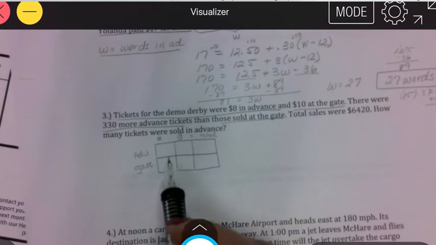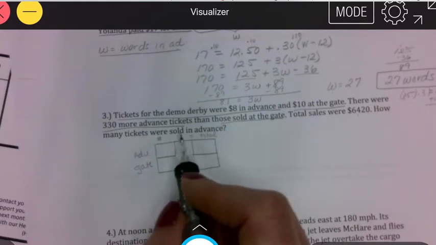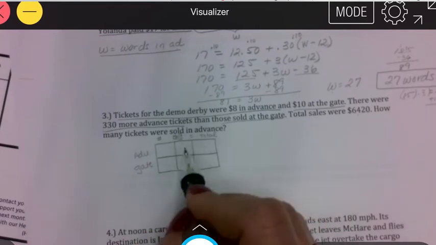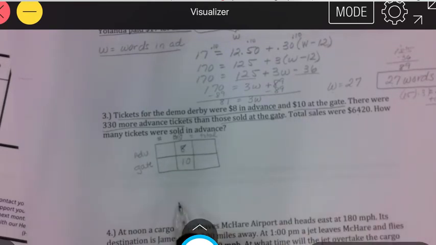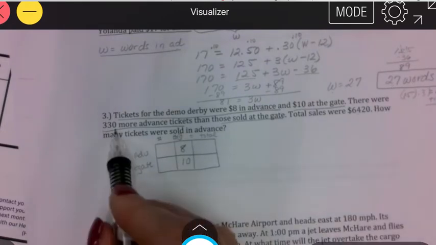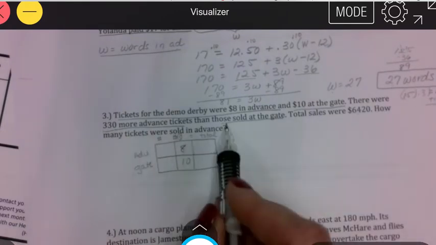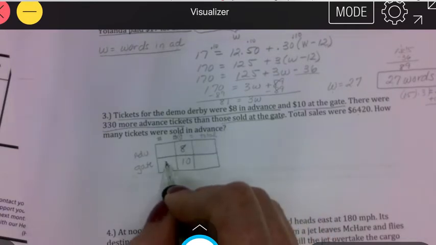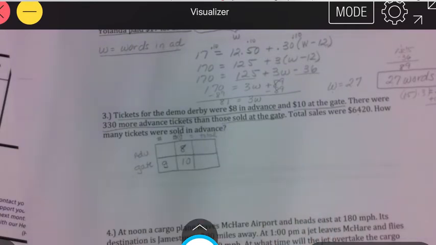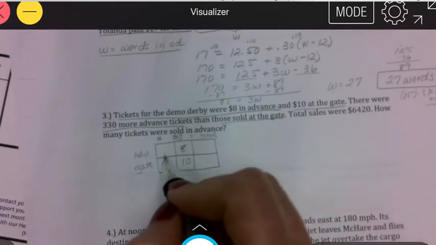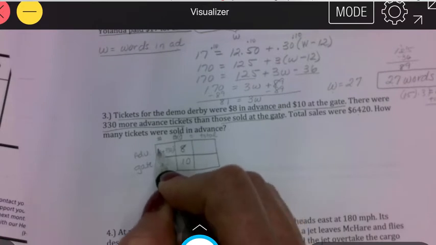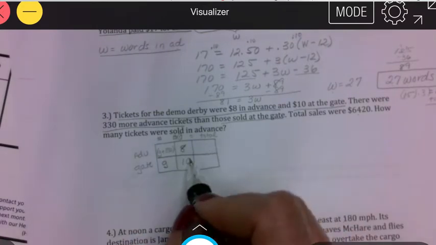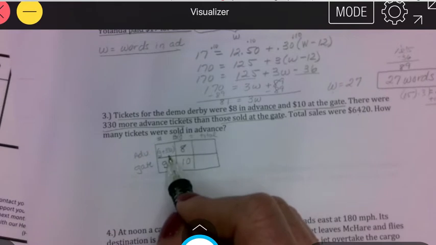So advance tickets are $8 each. The gate tickets are $10 each. It says there are 330 more advance tickets than were sold at the gate. So if I let G be how many are sold at the gate, then 330 plus G would be equal to those sold in advance.